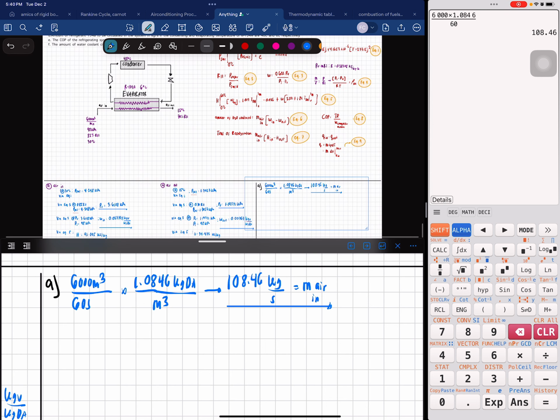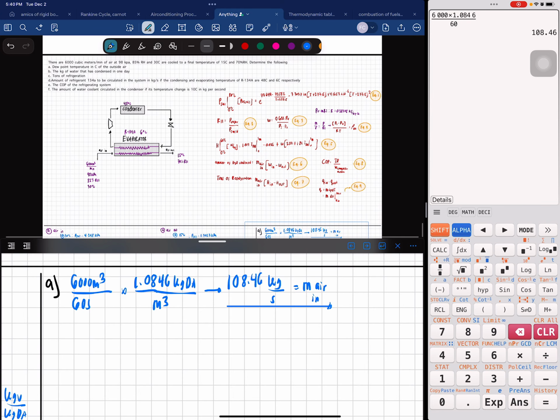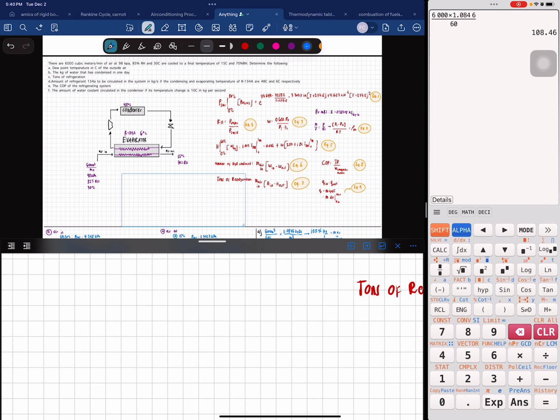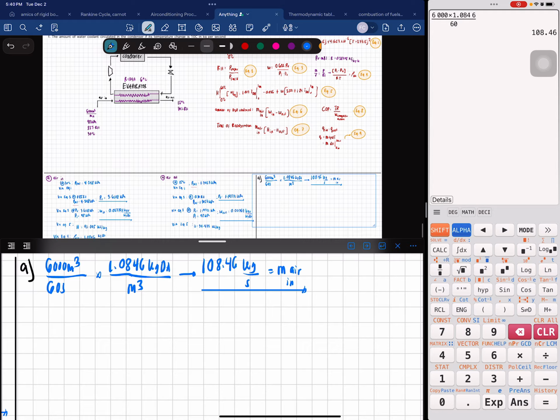So what is A asking us for? They're asking to find the dew point temperature in degrees Celsius of the outside air. Again, dew point temperature is the corresponding temperature at its vapor pressure, wherein the vapor pressure of the outside air is 3.6108 kilopascals.